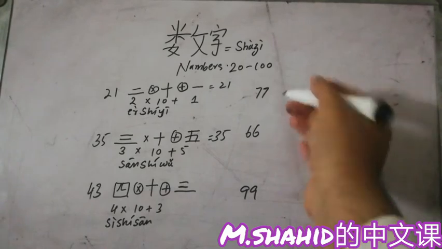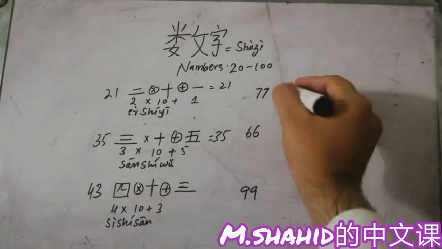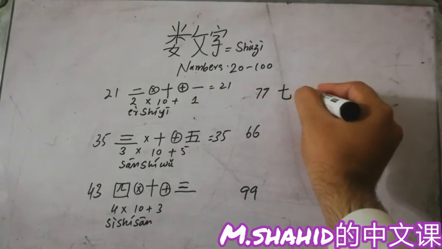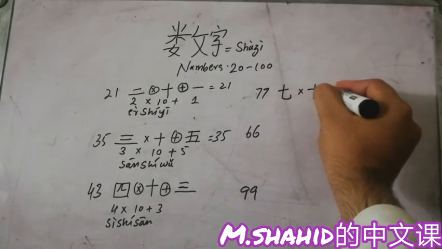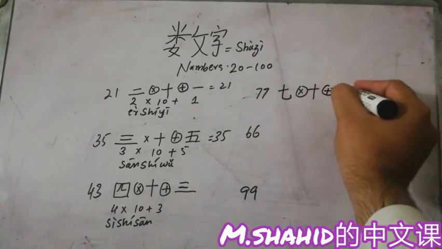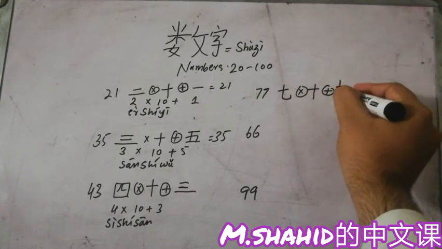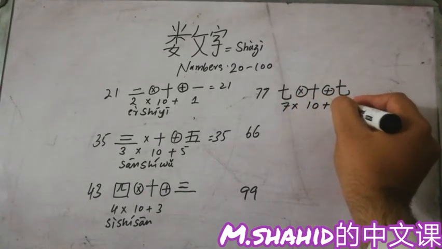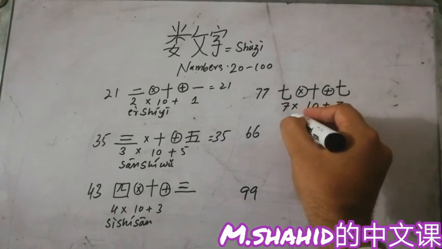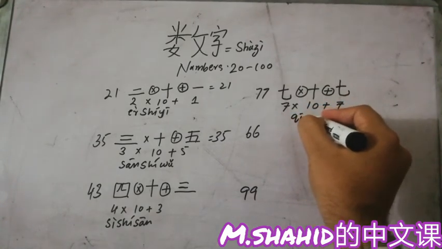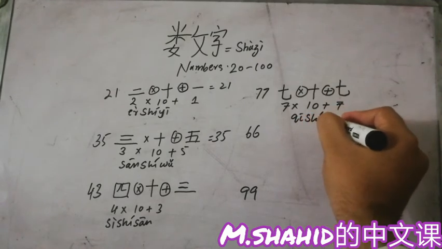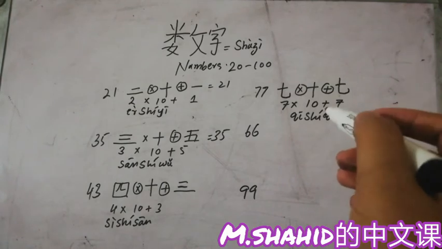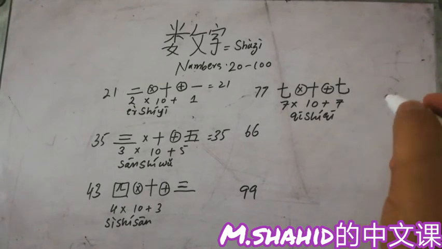Now if you want to write 77, you need to know three numbers. It is 7 multiplied by 10 plus 7, and you saw that it is 77.